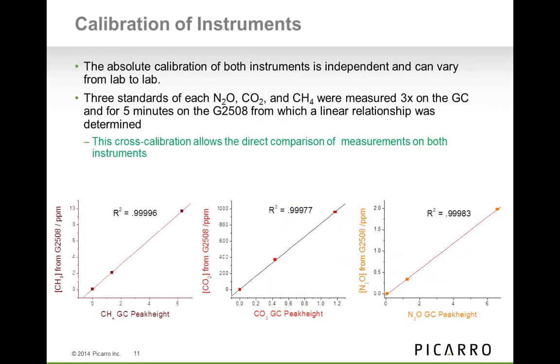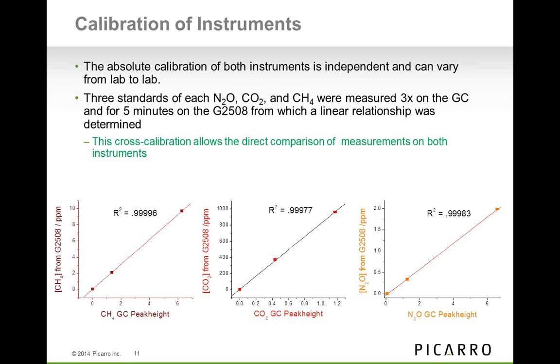So now that we know what the instruments are going to look like and what they measure, we want to be able to put them on the same exact axis, which is actually the most important part, since calibration of both instruments is independent and can vary from lab to lab and with the practices that each person does.